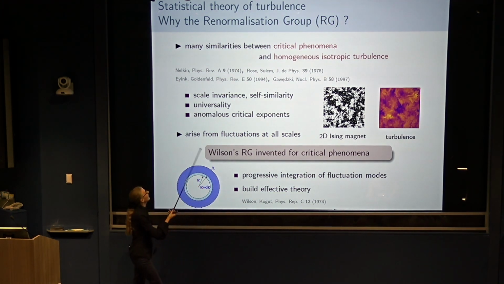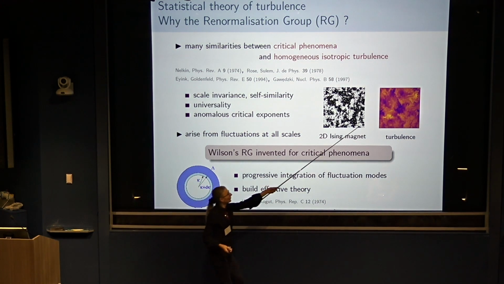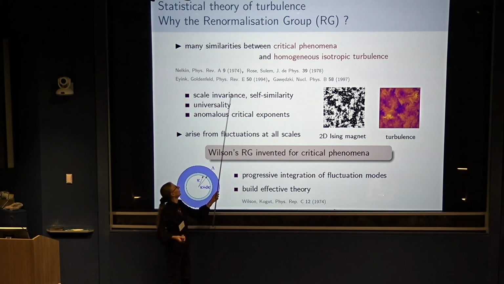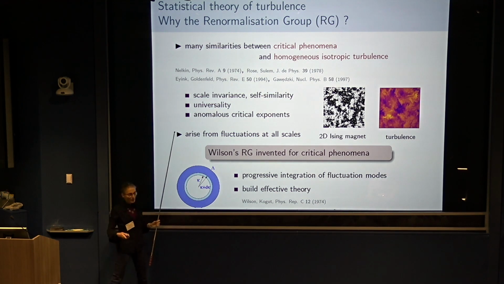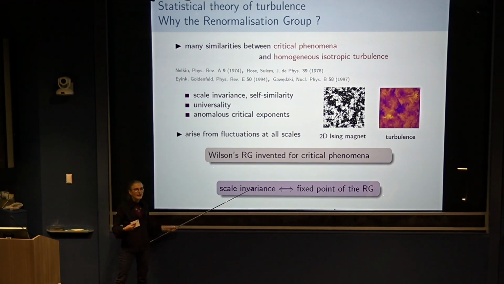Using this similarity, RG should be useful for turbulence as well, because what I've described is the same thing: power laws, universality, anomalous exponents. So the idea dates back to the mid-70s. But there was one difficulty. In this framework, scale invariance, so a scaling regime, corresponds to a fixed point of the renormalization group equation.